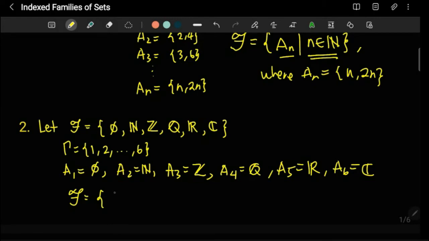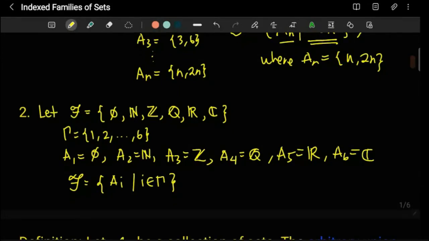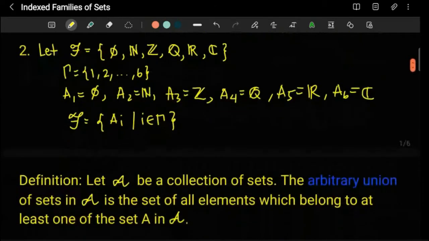So this is defined as A sub i, where i is coming from the indexing set 1 to 6. Okay? Ayan, ganun lang kasimple ang ibig sabihin ng indexing set. So the indexing set is gamma and the index set is the family. So we usually use this when we have an arbitrary family of set.